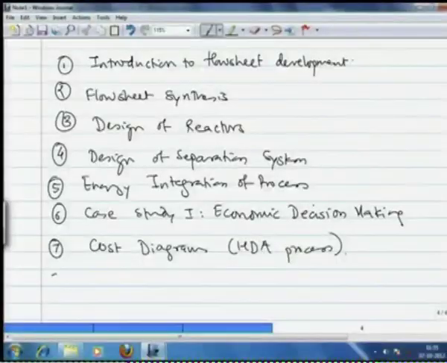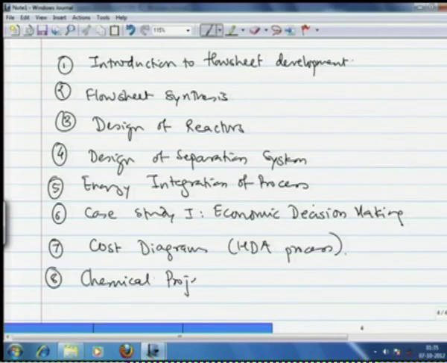So, after these two case studies, the final module will be that of chemical project economics, and here we shall see various aspects of project economics. Now, the principles that we are going to learn in this apply equally to other projects as well. So, it is not only chemical project economics, we can say that it is project economics, because the basic principles of economic evaluation of projects that we are going to learn apply equally well to other projects also.